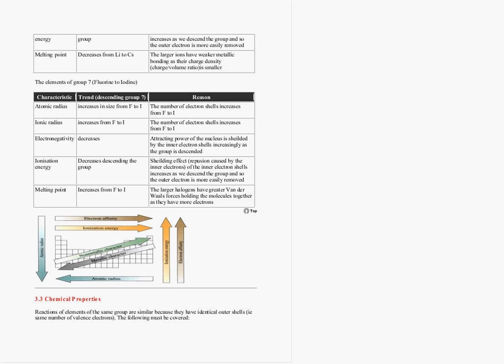Here, this is metallic character, and we are going towards non-metallic character. If you move from the right side to the left side in the periodic table, you are coming towards metals. If we are moving to this side, the non-metallic character increases. We talked about atomic radius and also ionization energy.